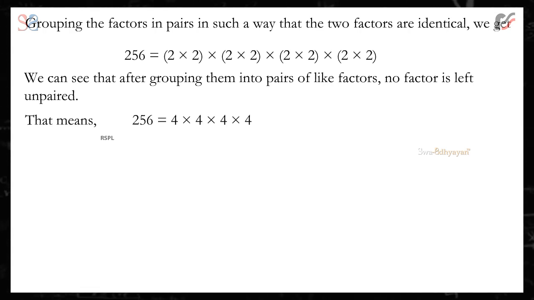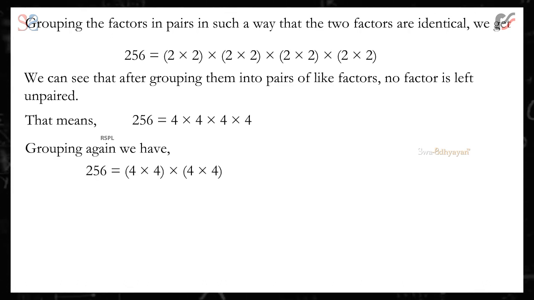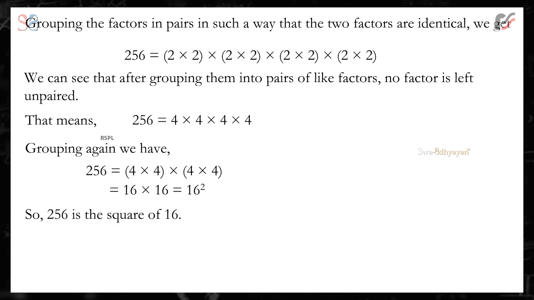That means 256 is equal to 4 into 4 into 4 into 4. Grouping again, we have 256 is equal to bracket 4 multiplied by 4 into bracket 4 multiplied by 4, which is equal to 16 into 16, which is equal to 16 square. So 256 is the square of 16.